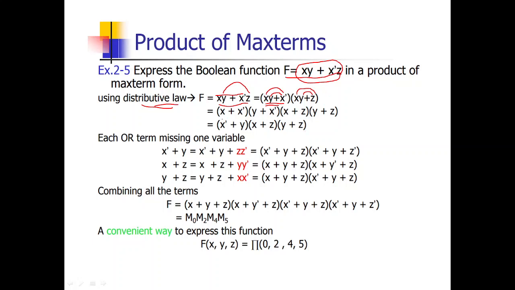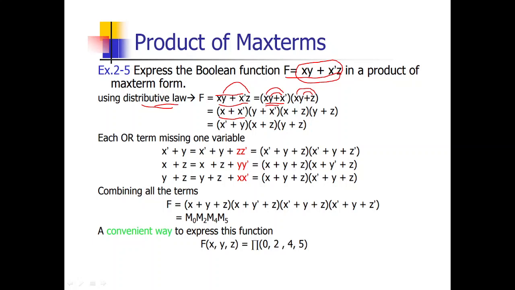See here, the term x plus x dash is here. So what is x plus x dash? By the Boolean laws and theorems we discussed in the previous video, x plus x dash is 1. And 1 dot the remaining term becomes the remaining term.